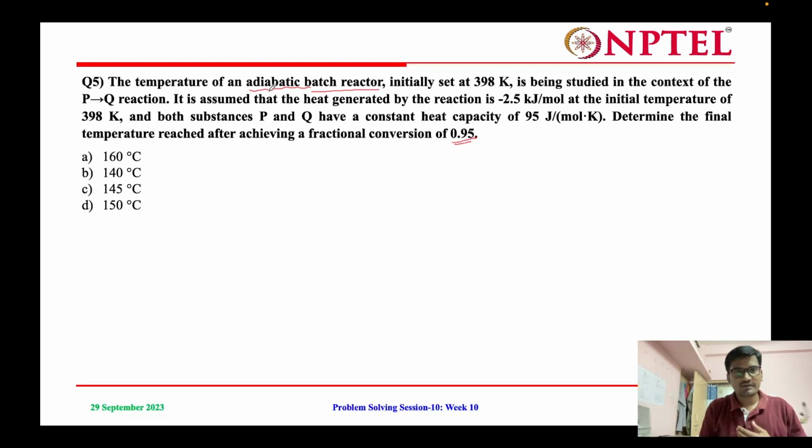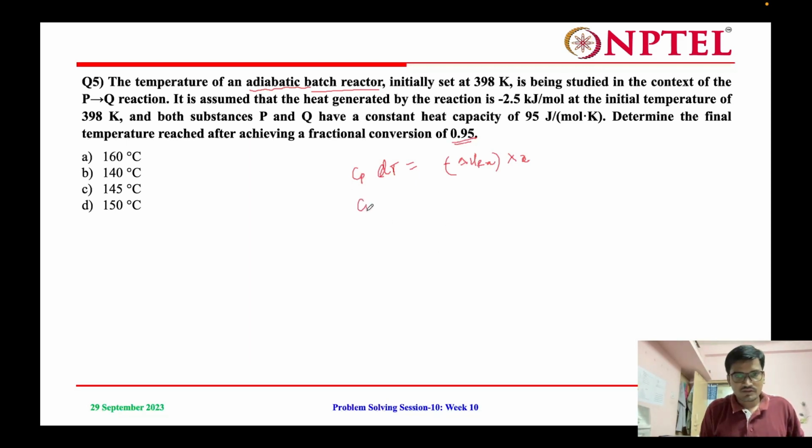So we have to calculate the final temperature after achieving the fractional conversion of 0.95. It is mentioned that it is an adiabatic batch reactor. For an adiabatic batch reactor, the energy balance equation is Cp dT equal to the heat of reaction times the conversion.